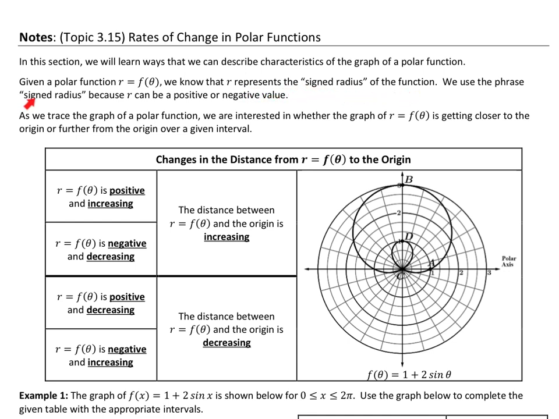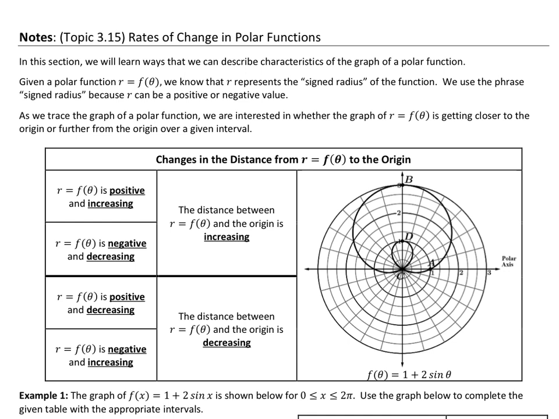We're calling it the signed radius because the radius can be positive or a negative value. We know distance is always positive, but we can have a negative radius showing that we flipped it across the graph. As we trace the graph of a polar function, we are interested in whether the graph of r equal to f of theta is getting closer to the origin or further away on a particular interval.